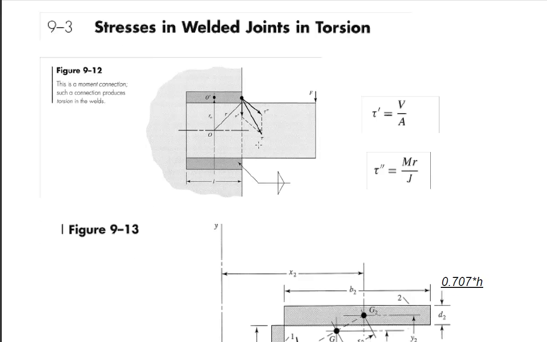Let's take a look at what we have to do to calculate stresses in welded joints. And this says loaded in torsion. I guess we'll accept that notation, except it's more than torsion, it's also a direct shear. And this picture, you need to look at it and see that it's very much like the bolts in shear situation that we saw at the end of the last chapter, that we have a wall of some kind.